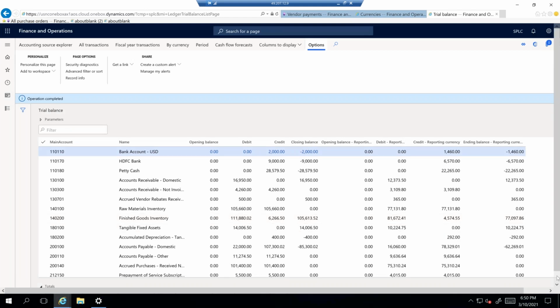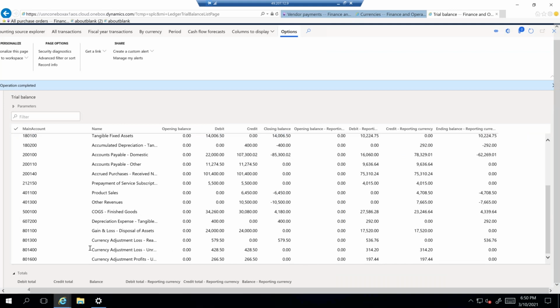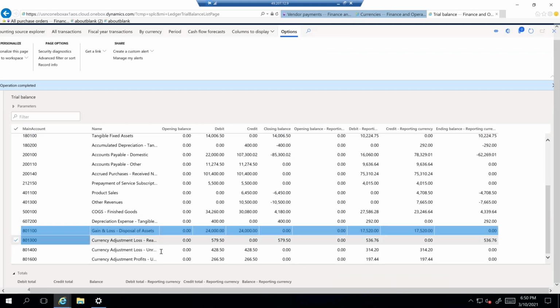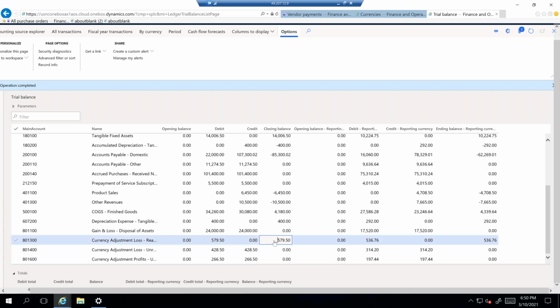Here it will show these 4 accounts in terms of accounting currency, in terms of reporting currency. So ultimately it is the closing balance. This is a loss or profit, whatever it may be, here it is a loss.